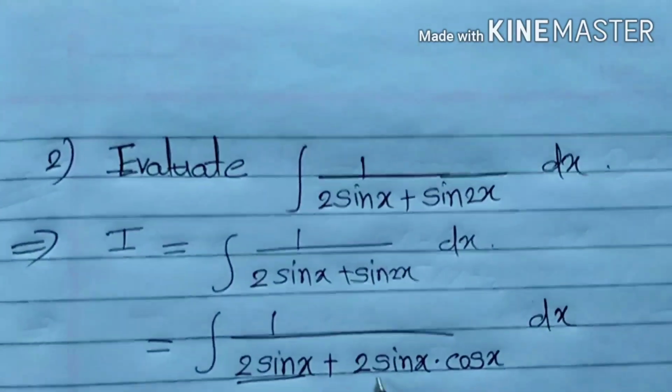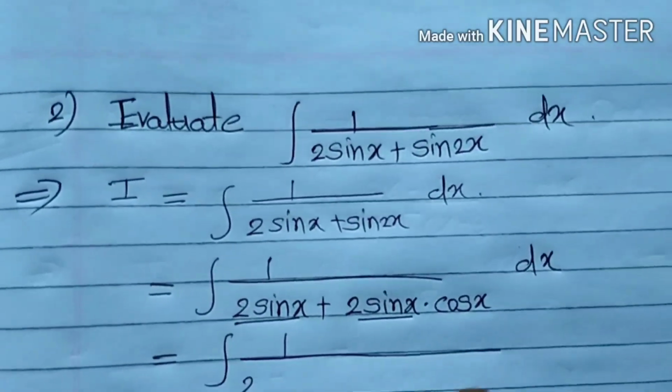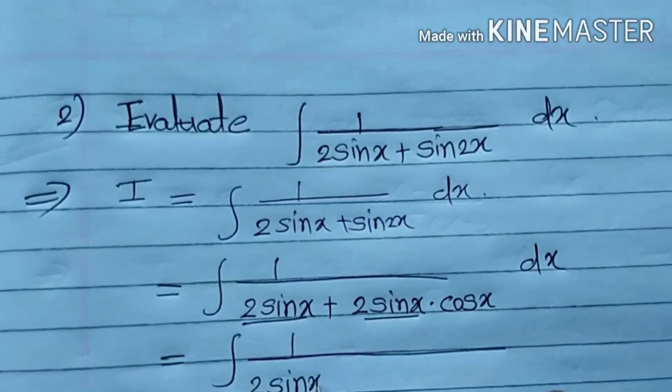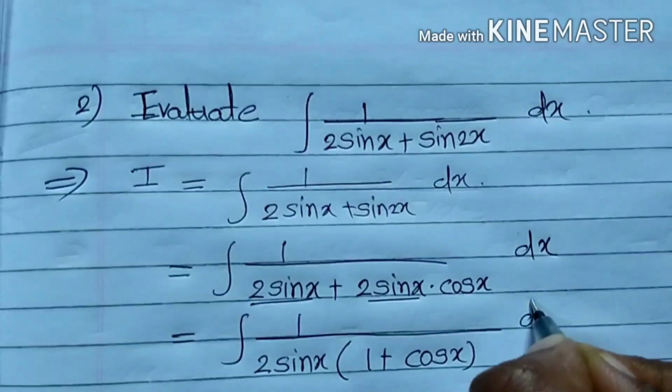Now take 2 sin x common, so we get integration of 1 upon 2 sin x into 1 plus cos x dx.